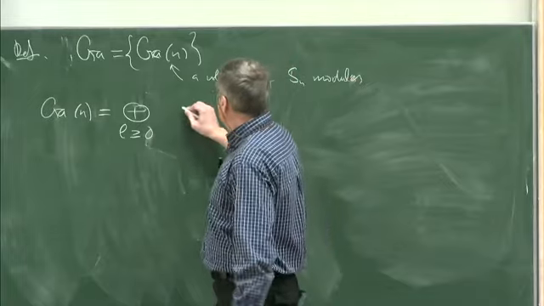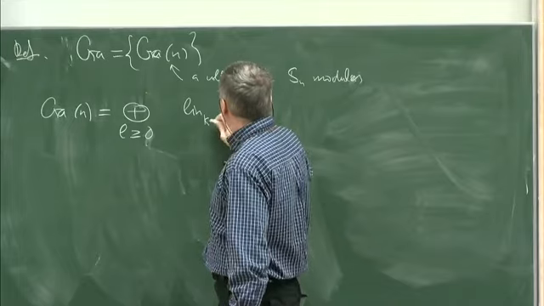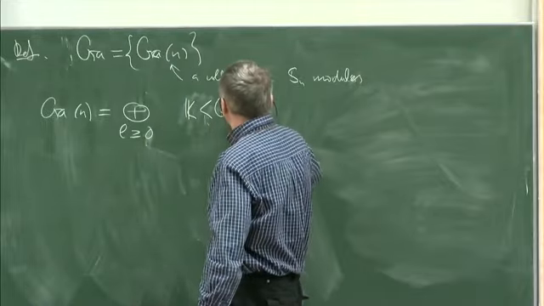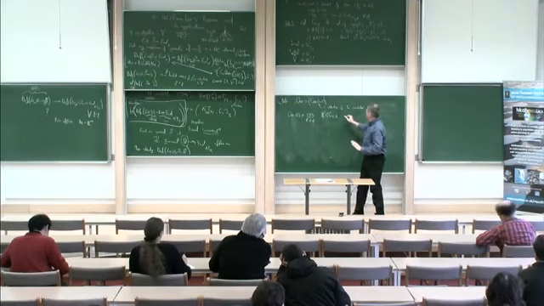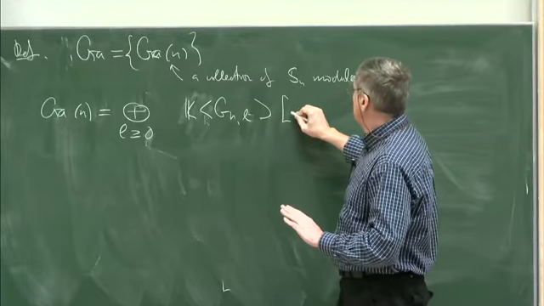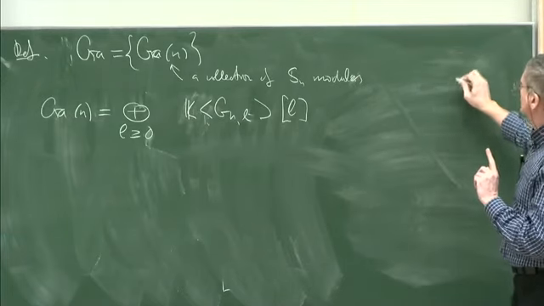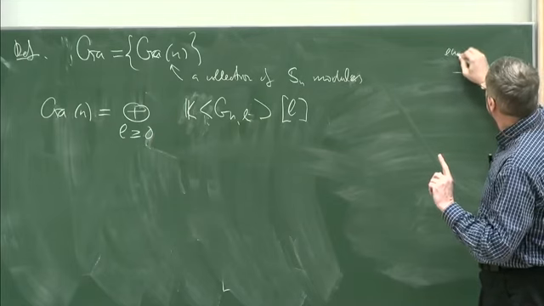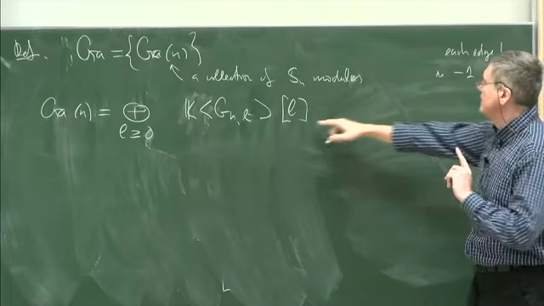So I take the linearization over K. So this is K generated by this set G(n, L). So n is fixed, but L is now variable. I shift degree by L. So each edge has degree minus 1. If there are L edges, the graph will have degree minus L. So each edge has degree minus 1 in this picture.